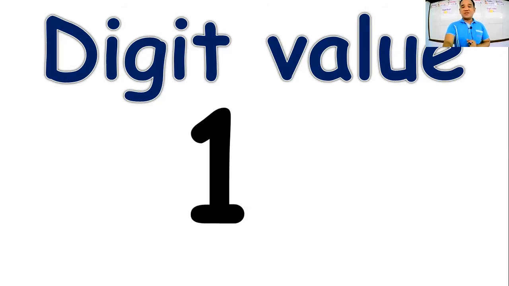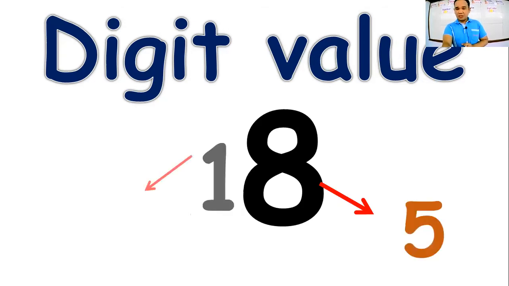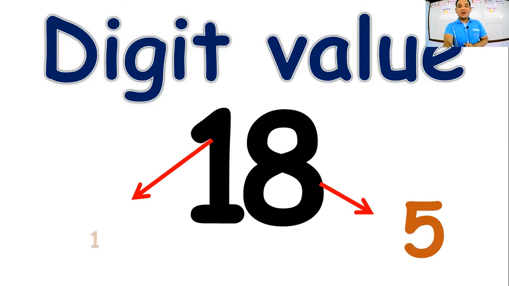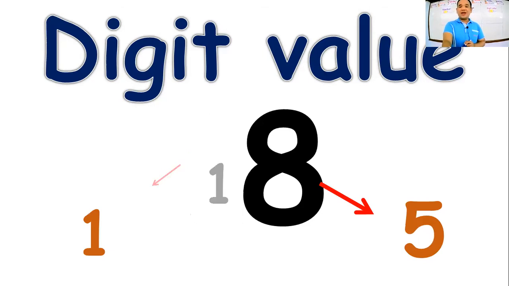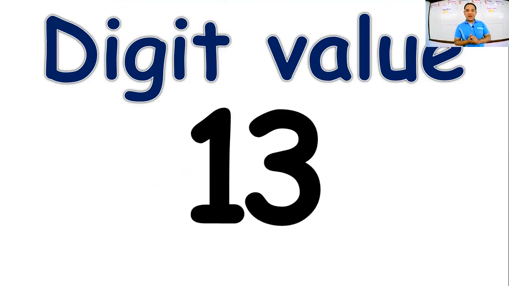When we say digit value, it refers to a number, but as you can see, there is a technical error here. All right, let's proceed to another example of a digit value.